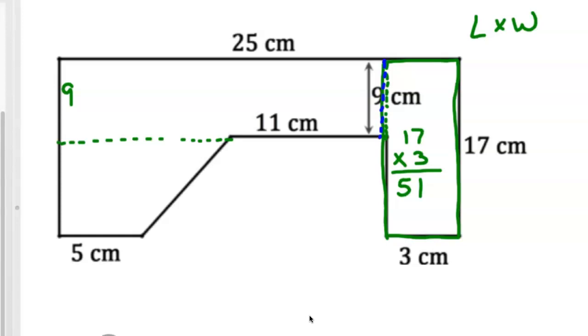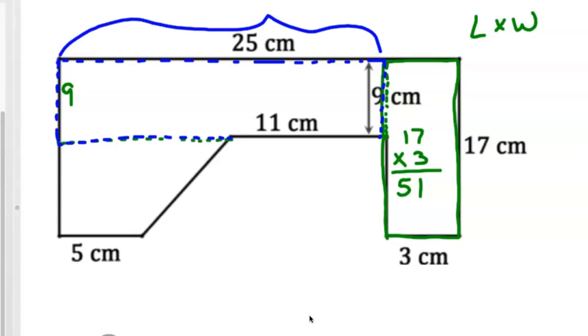Because that side's 9, we know that the left side's 9, because opposite sides of a rectangle are equal. So this is 9, that's 9. The only thing we've got to find then is this length. It is not 25, because 25 goes all the way to the other end. Well, we know this side is 3 because this side is 3. So if you just subtract 3 from 25, we know that this is 22.